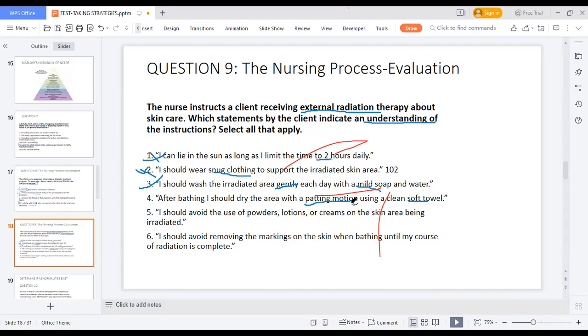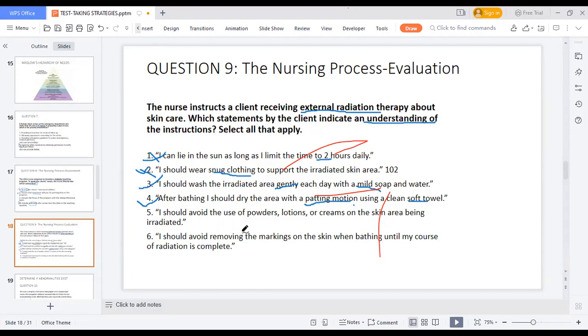After bathing, dry the area with a patting motion using a soft towel, not a rough towel, not vigorously. Those words, you have to eliminate them. So 4 is correct.